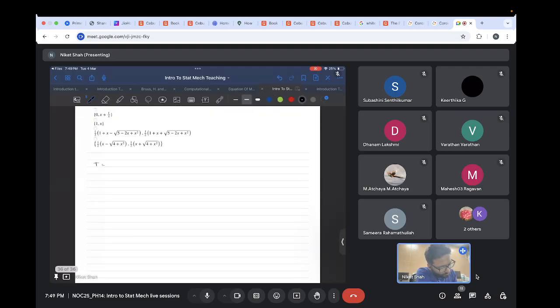So T is equal to [1, 1; 1, e raised to power beta J]. How do you get the eigenvalues of the matrix? The determinant of [1 minus lambda, 1; 1, e raised to power beta J minus lambda], where lambda is the eigenvalue, is equal to 0. That gives me the eigenvalues, right?